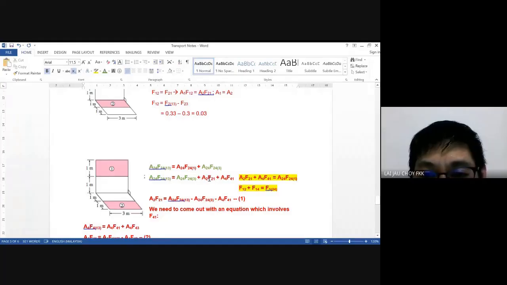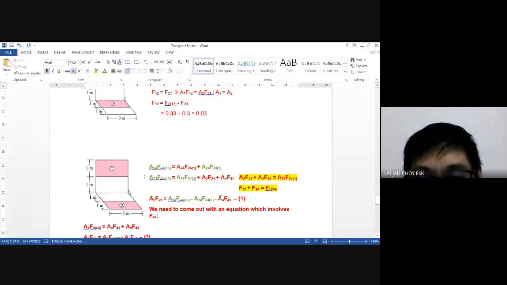Okay, so if we rearrange, we get A2 F21 equals A24 F2413 minus A24 F243 minus A4 F41. Okay, so this one is solved, this one is solved. Why? Because F2413 can be obtained from the chart. F243 can also be obtained from the chart.